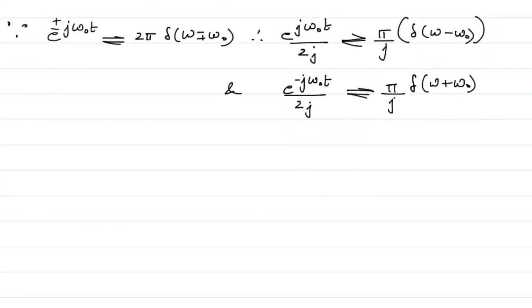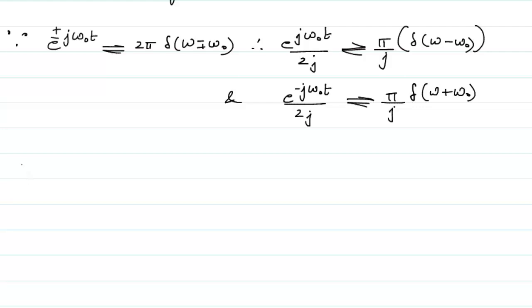If I combine both of these, I can take j to the numerator, where it becomes minus j.